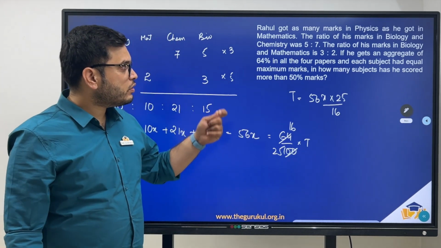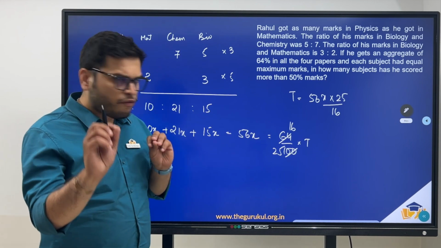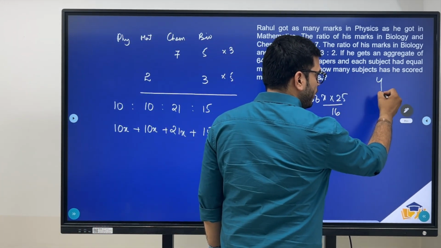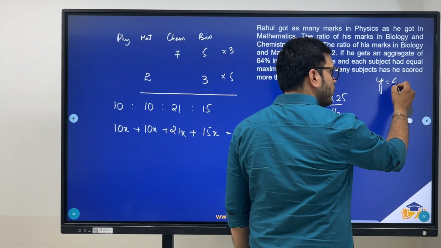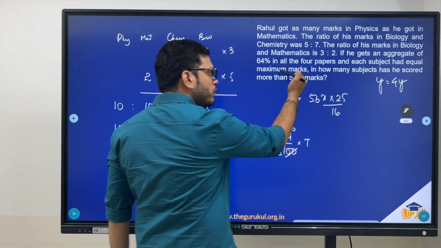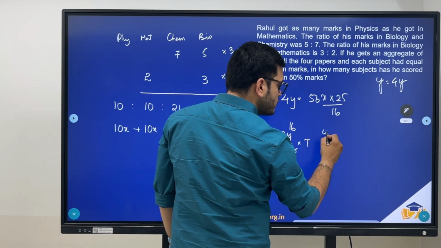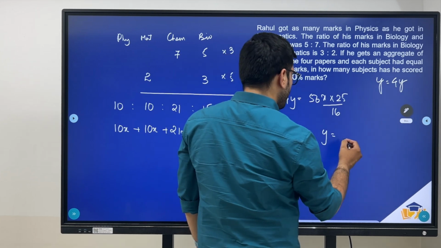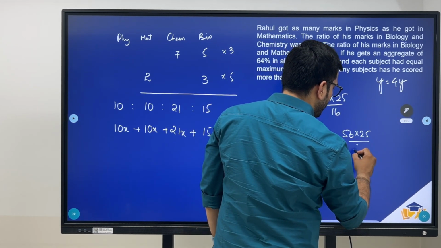And it is also mentioned that each subject had equal maximum marks, right? So if I assume each subject's maximum score to be y, then t will be nothing but 4y. Now let me replace t with 4y. So y, which is the maximum marks in each subject, is equal to 56 into 25 by 64 into x.